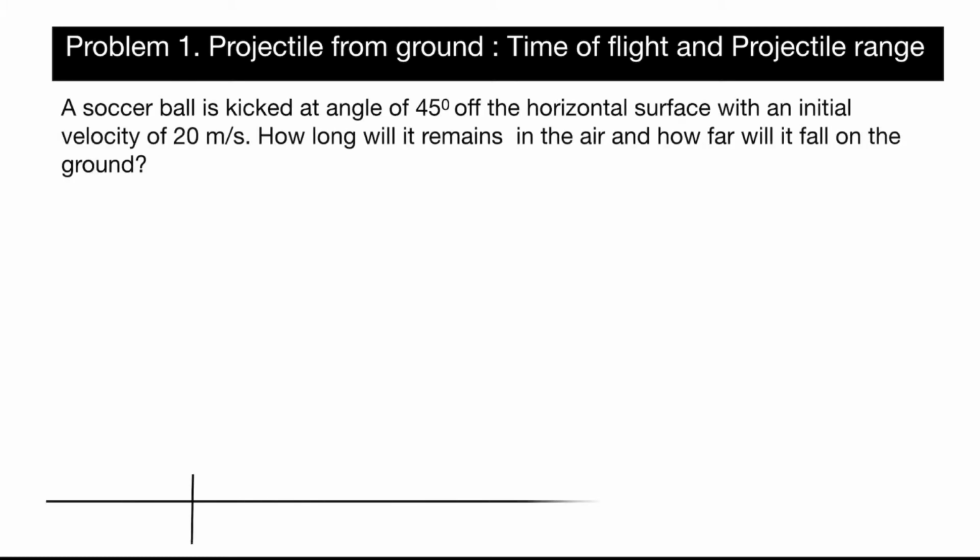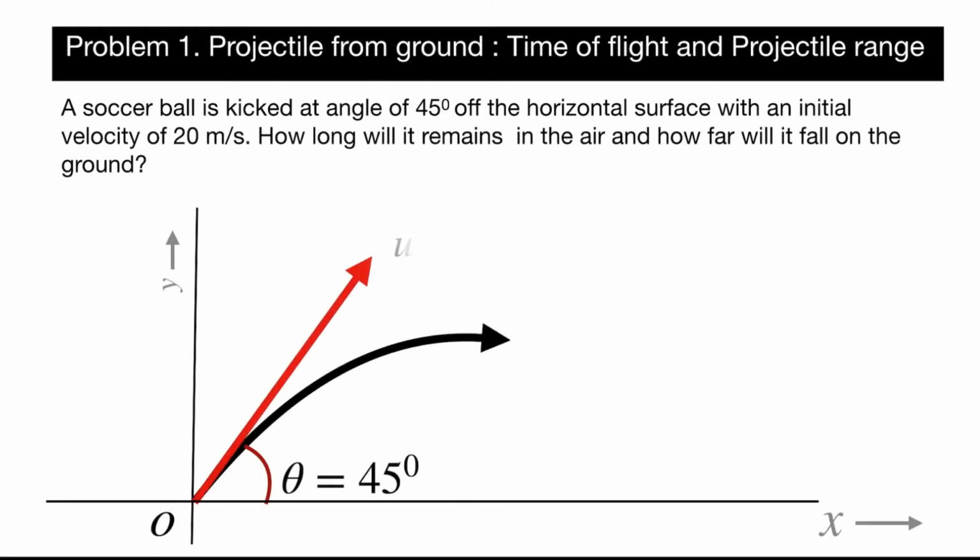Now let's do some problems to apply our understanding. Problem 1 is related to time of flight and projectile range. A soccer ball is kicked at an angle of 45 degree off the horizontal surface with an initial velocity of 20 meters per second.